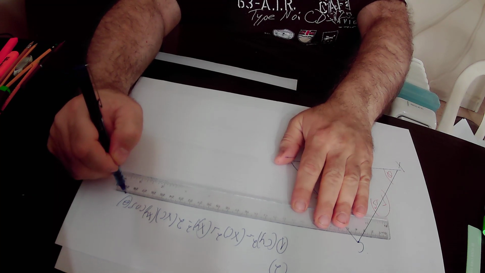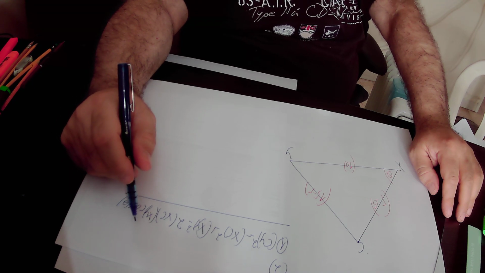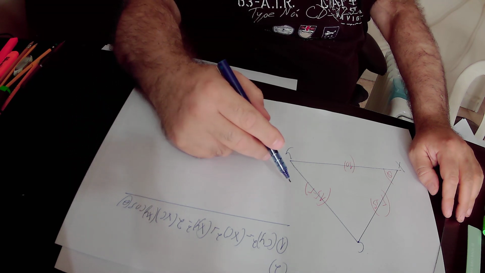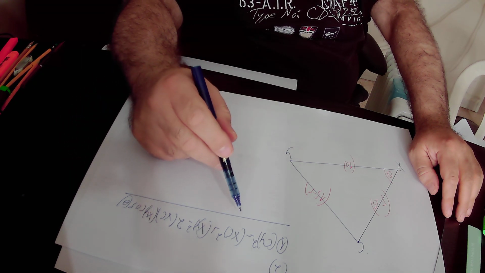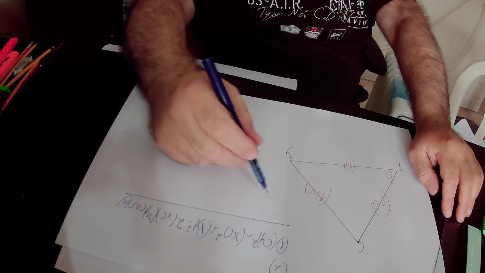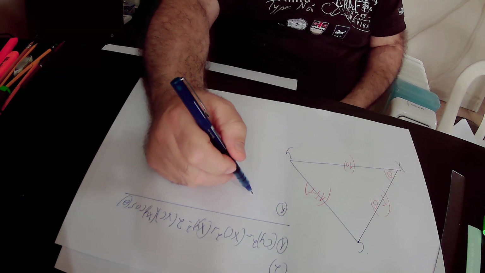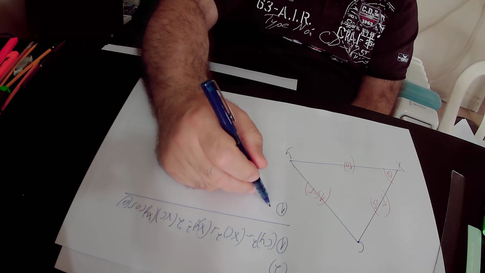Here in equation number 1 we will substitute Cy by 15 minus r, xc by r plus 5, and xy by 10. We do it now and we get that according to equation number 1, Cy is equal to 15 minus r.